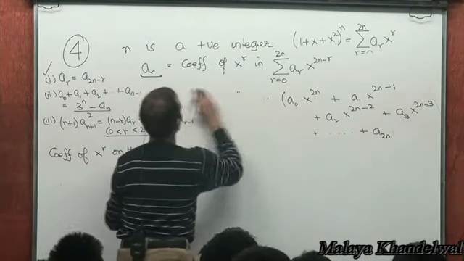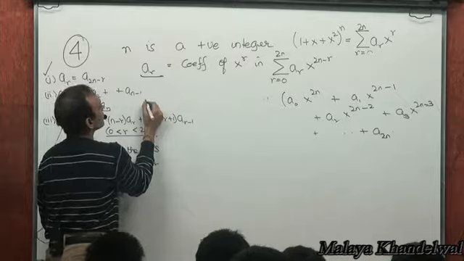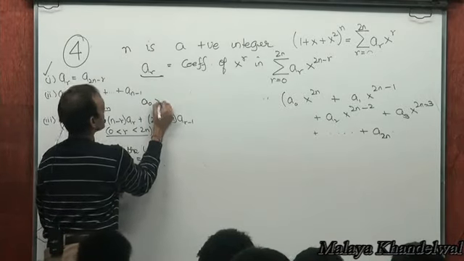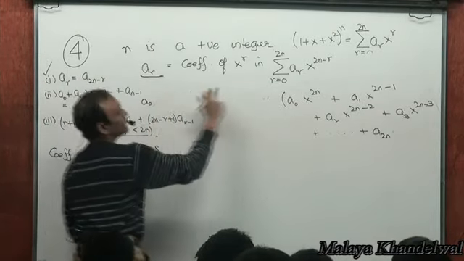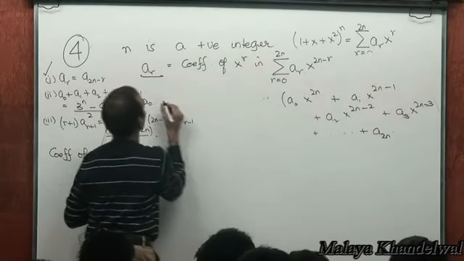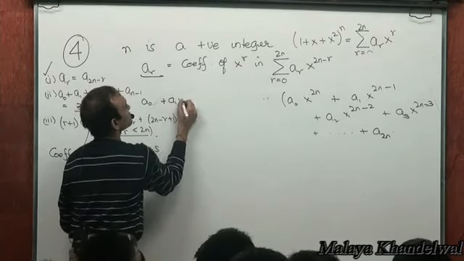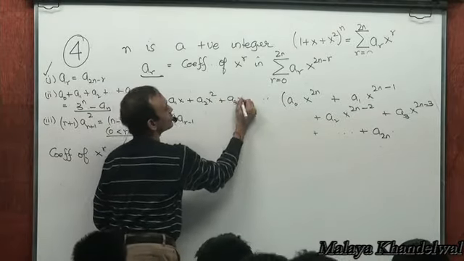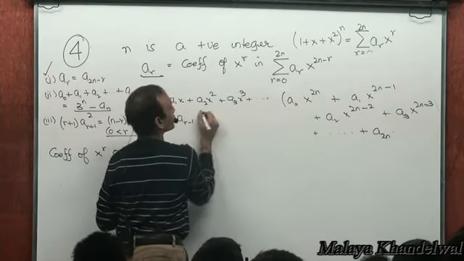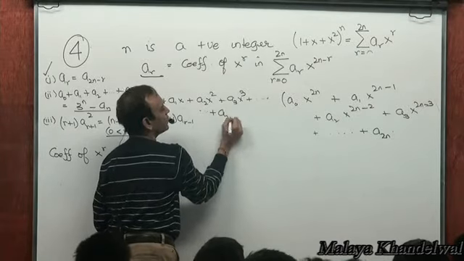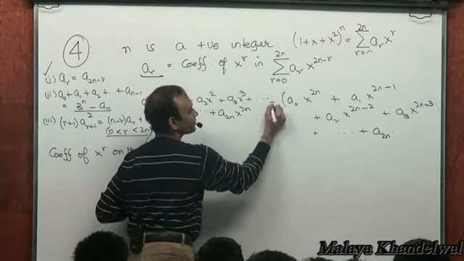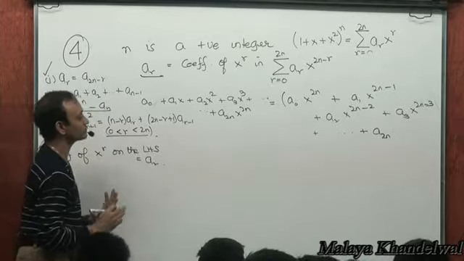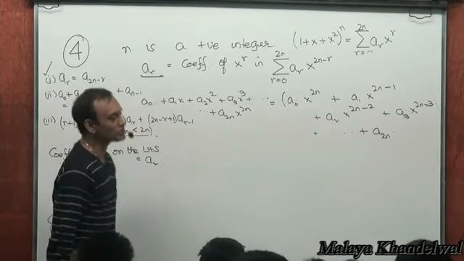Now what was the left hand side? The left hand side was a0 plus a1x plus a2x squared plus a3x cubed plus and so on till a2n x power 2n. These two are identical polynomials.